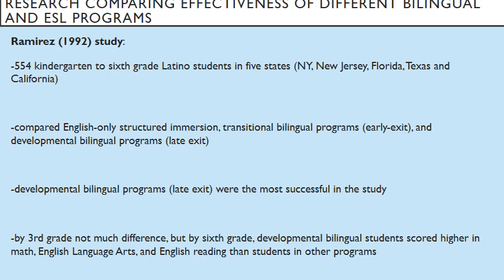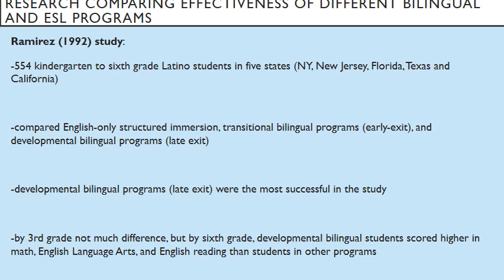It also compared transitional bilingual programs, which would be like early exit, where students start to learn English and start to transfer most of their instruction toward English starting at like the second or third grade. And so they don't necessarily become fully proficient in their native language, but rather they quickly learn their native language to shift toward the majority language, which is going to be their main focus.